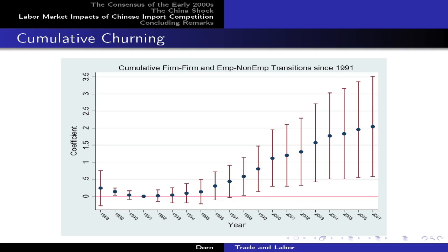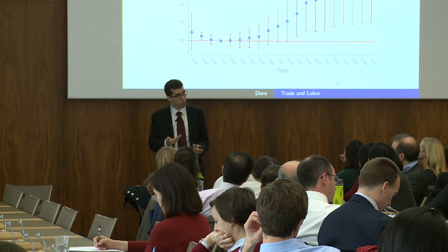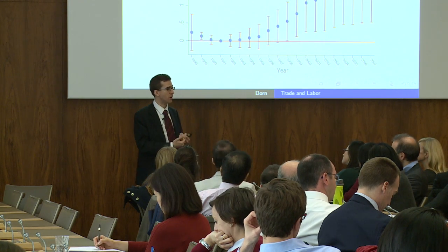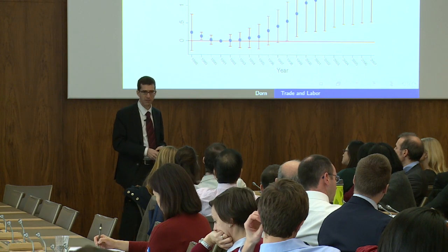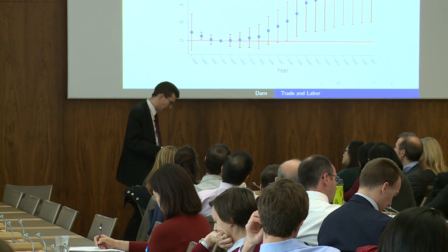Interestingly, while these workers are likely to move to other firms, many of these workers don't really stray far from their initial industries, especially the less skilled, lower wage workers. They often end up in very, very similar jobs, similar to the job that they have just lost, in another firm. And that, of course, means that they're still very much exposed to potential negative developments at the industry level.